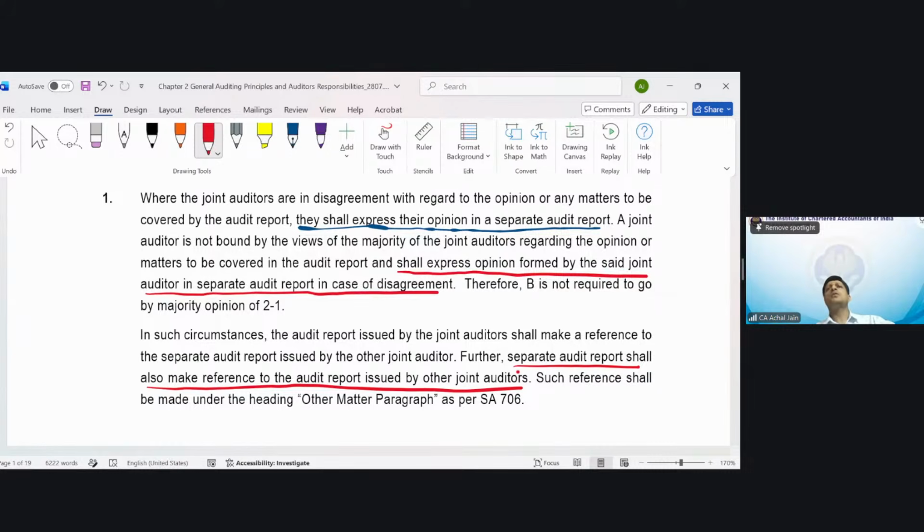So it's all about giving, in their audit reports, the reference of the other auditor, so that when a stakeholder is reading a particular report, they can always have a perspective about what the other auditor is saying, if let's suppose they have a different view.